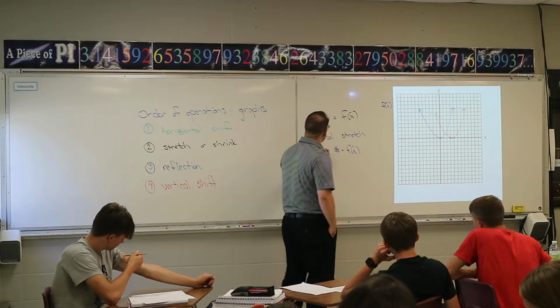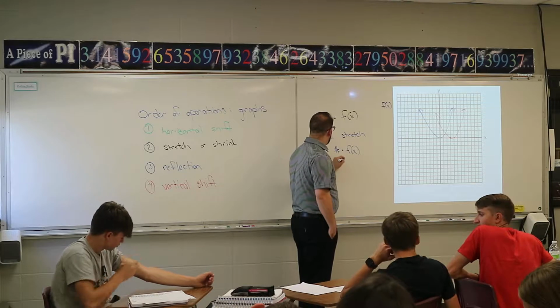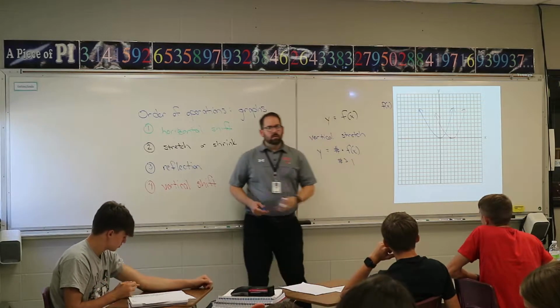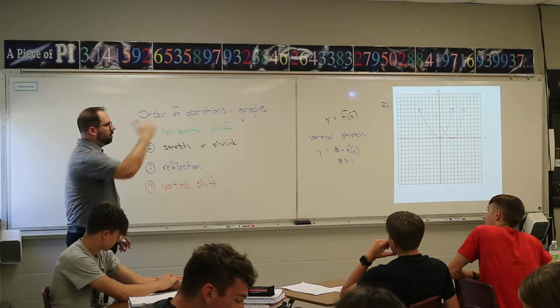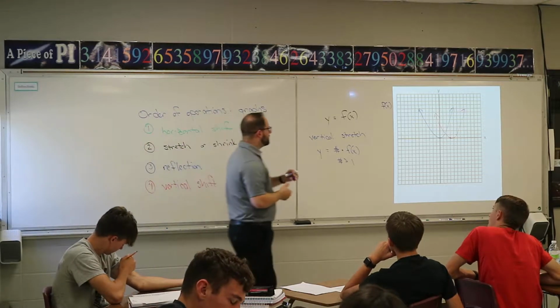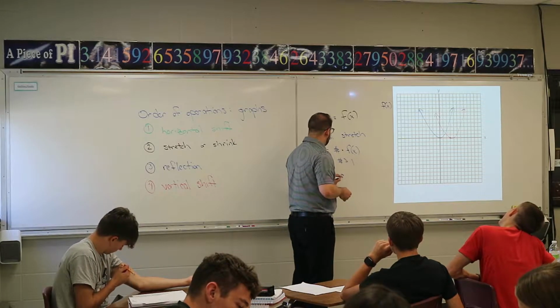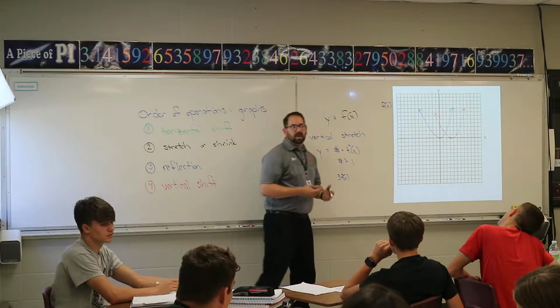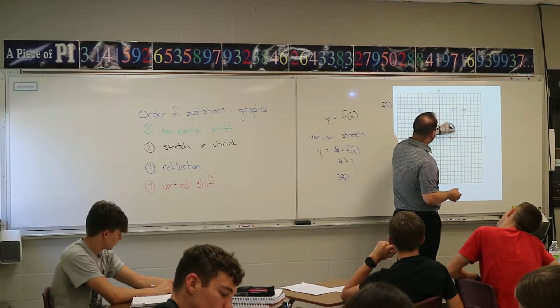But all you have to make sure of is that the number you're multiplying by has to be greater than 1. Whatever number you multiply by will stretch it vertically. So if I want to be 3 times taller at each spot, you multiply by a 3 out front. 3 times half of x, something like that. That will stretch it vertical. So each dot here will go up 3 from where they're at.